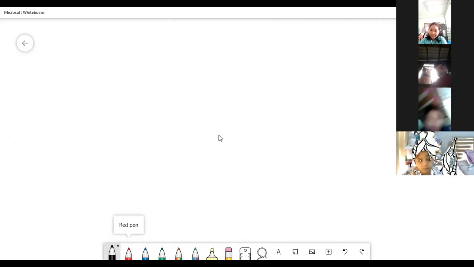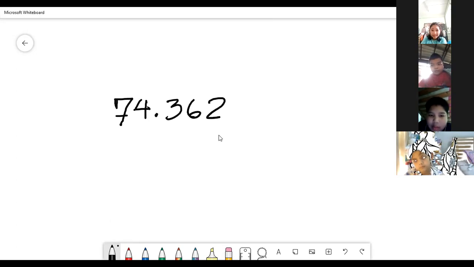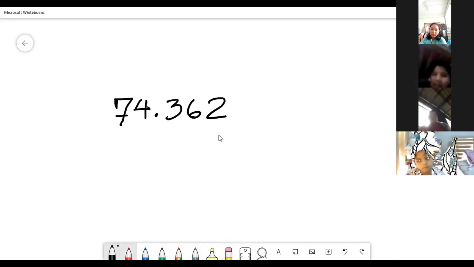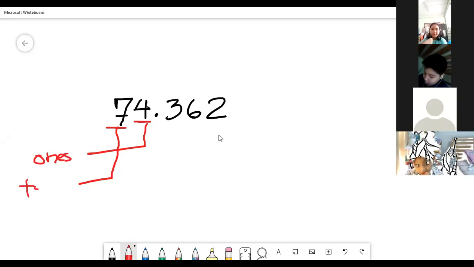This one is for everyone. I see your work in math. Pichaya, you have wrong, no? For example, I will just teach only this one, not all. How to read this one? 74 point, how to read this one, everyone? 74.362. Very good. Here, what place value is this? Ones. How about the 7? Tens, right?